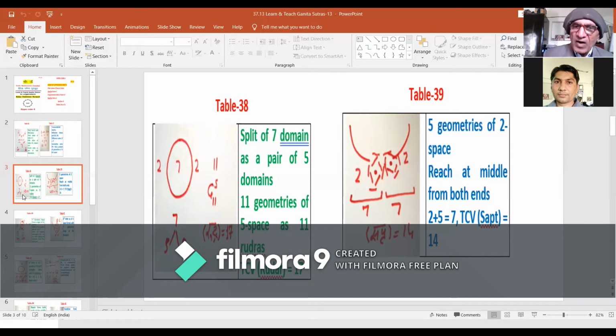However, the formulation Rudra is of TC value 17. It is this feature which deserves to be comprehended well, being parallel with the split of 7 space domain as a pair of 5 space domains.